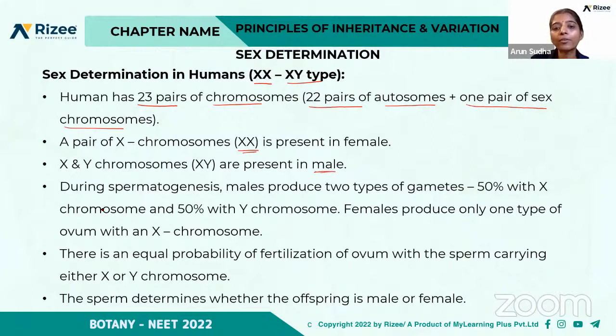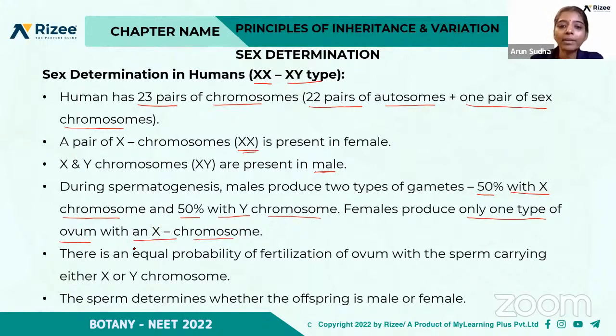So what is happening during spermatogenesis? The male produces two types of gametes, that is 50% with X chromosome and 50% with Y chromosome. But female produces only one type of ovum with X chromosome.